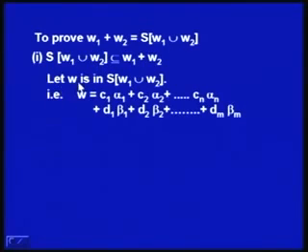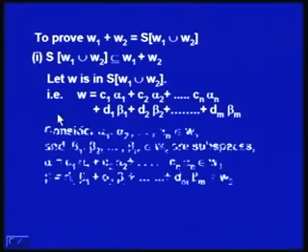Let us say we have a vector w in the span of W1 union W2. Then this can be written as a linear combination of vectors of W1 union W2. So what are the vectors of W1 union W2? They will be vectors belonging to W1 and vectors belonging to W2. So I write w as c1 alpha 1 plus c2 alpha 2 plus up to cn alpha n plus d1 beta 1 plus d2 beta 2 plus up to dm beta m.